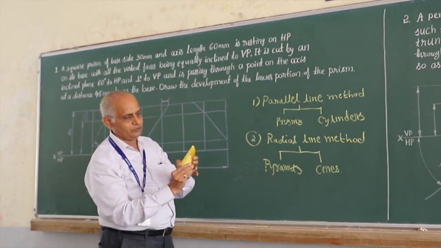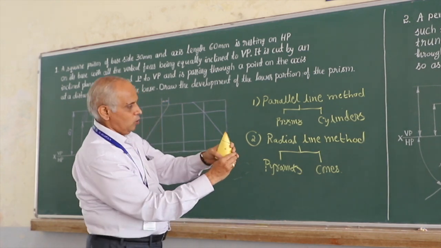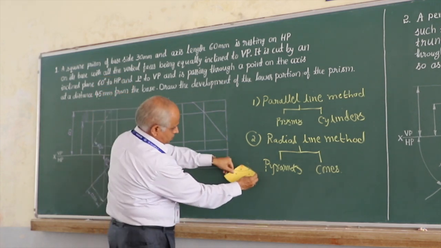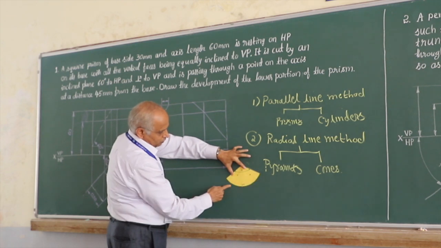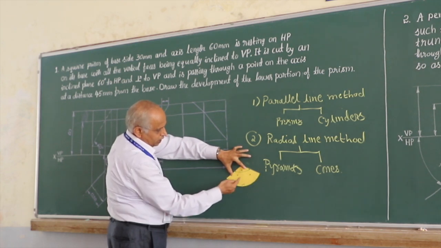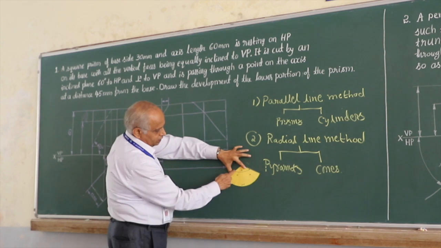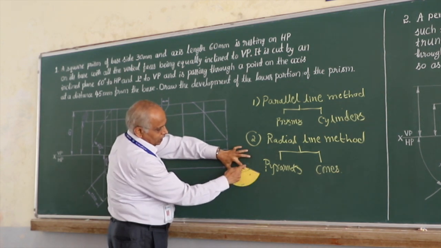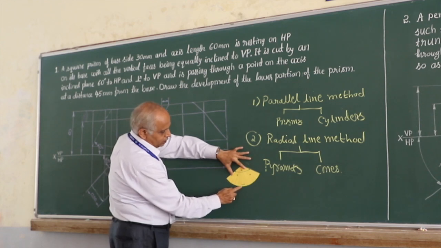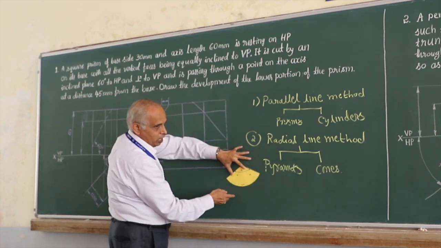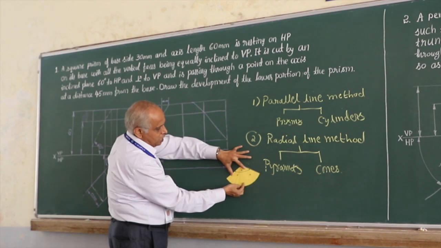For example, you think of this cone. When you open out the cone, it will be in the form of a sector of a circle. And remember, to draw the development of this, I need some radial lines to locate certain section points. And this theta is the angle subtended, and this is the length of the generator and not the vertical height of the cone. And this is nothing but the base perimeter, which is 2 pi r, where r is the radius of the base circle.